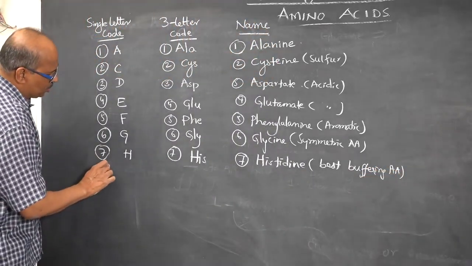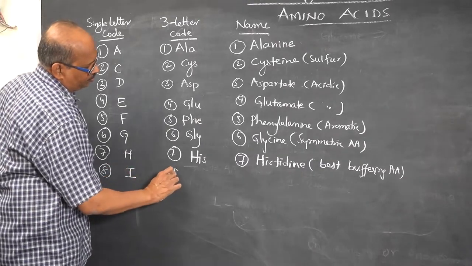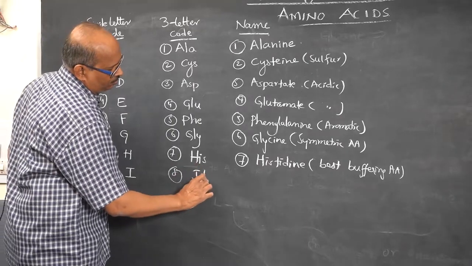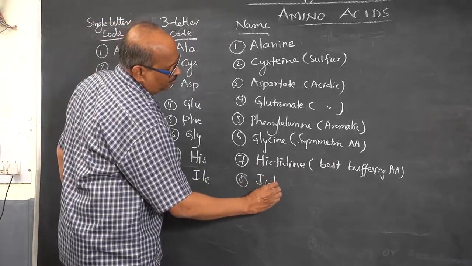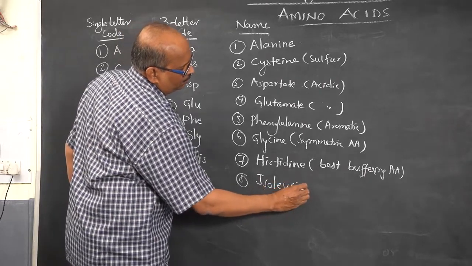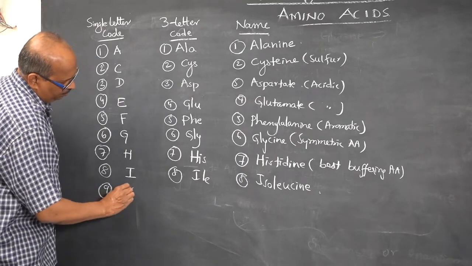Then we get branched chain amino acids. Then we get a basic amino acid.